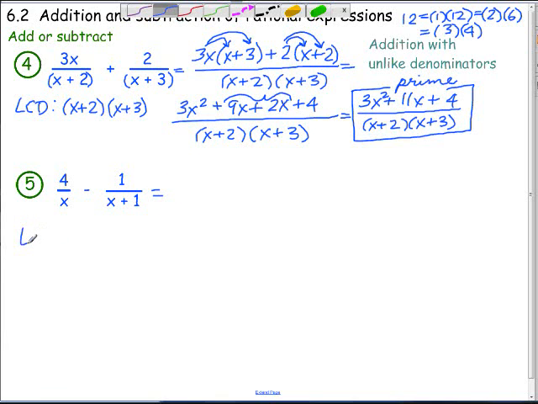Here, our least common denominator, again, is going to be one denominator times the other. Fortunately, one of the denominators is just a monomial, which makes it a little bit simpler.